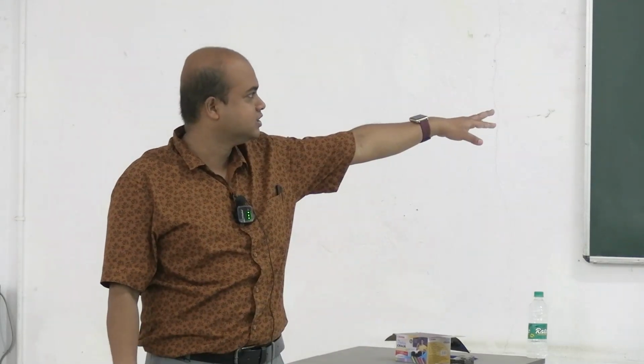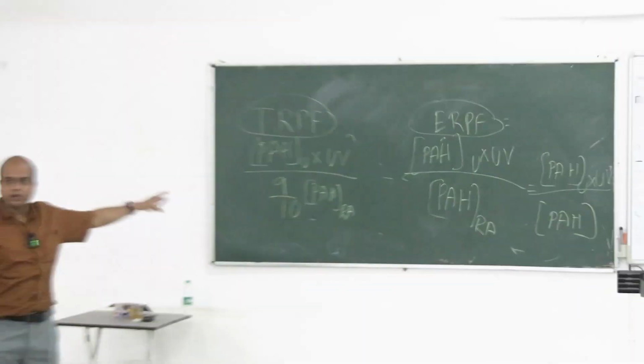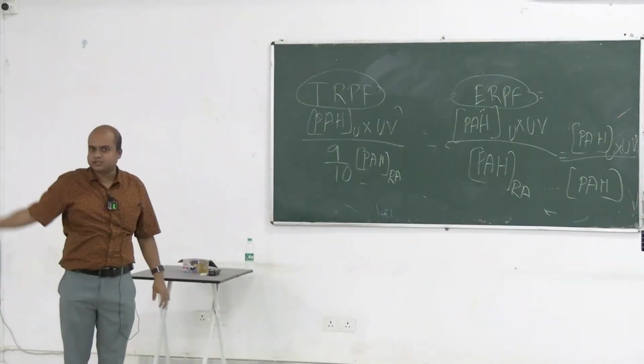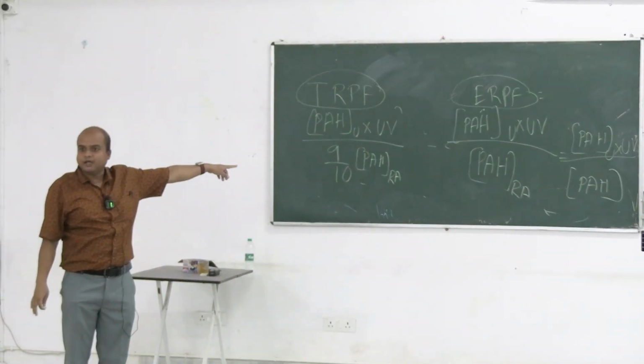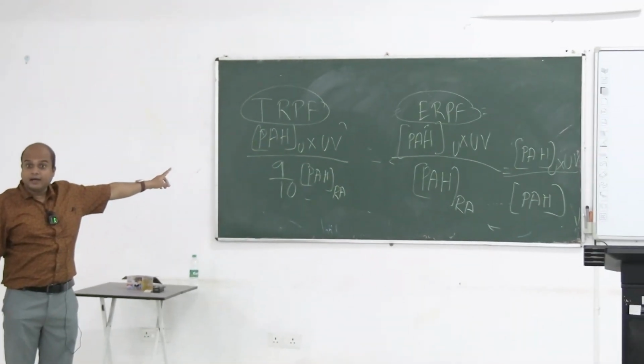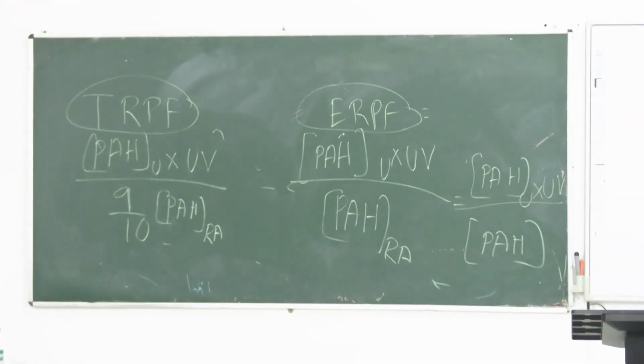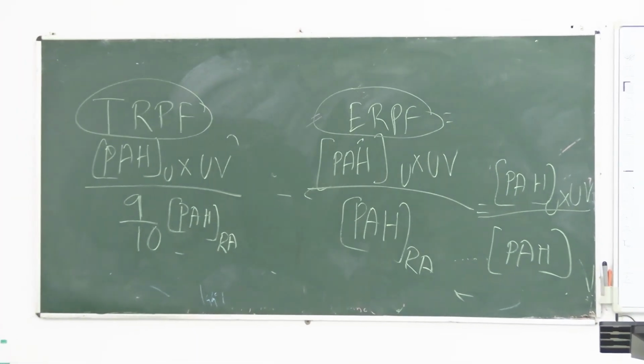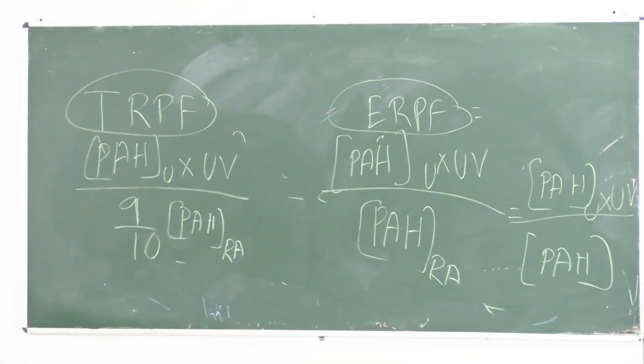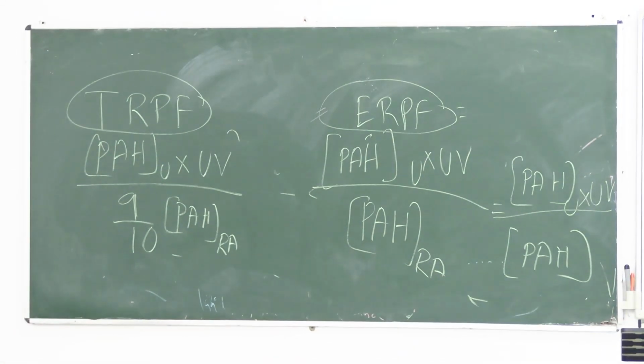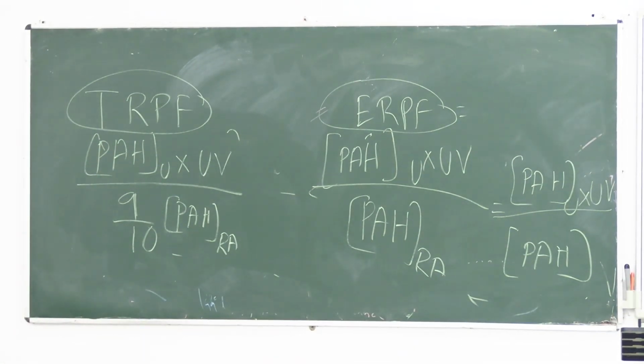So the concentration of PAH in urine you have to measure in the laboratory. In the renal artery, it is somewhat difficult. So if we take from any peripheral vein, why does it match the concentration in the renal artery? Because extraction by body tissues is very negligible.